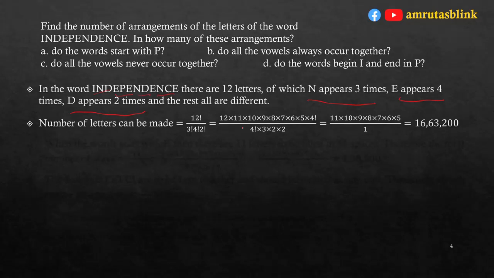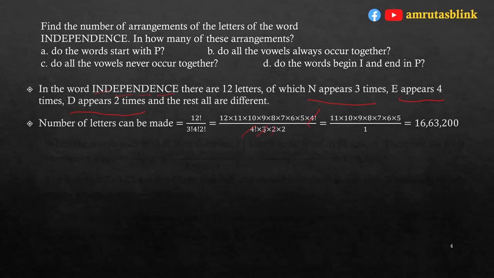So 12 factorial we will split up to 4 factorial, that is 12 into 11 into 10 into 9 into 8 into 7 into 6 into 5 into 4 factorial, divided by 4 factorial as it is. 3 factorial we will split as 3 into 2, and 2 factorial as it is. So again this 4 factorial will get cancelled.